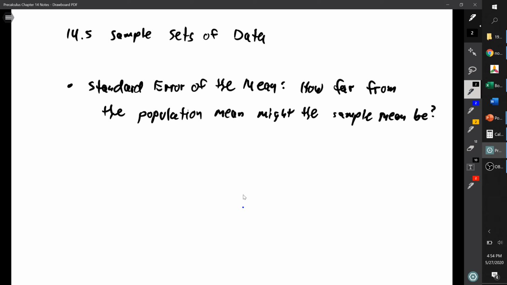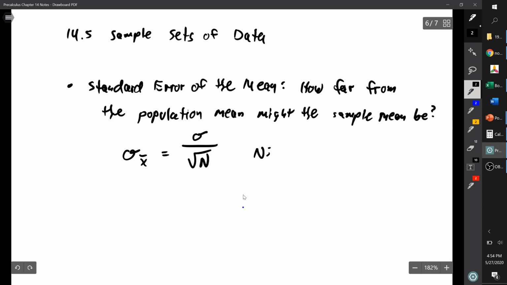And how good of an approximation, how much can we trust this average to be very close to the actual average? And here's the formula. It's called sigma sub x bar, and it's equal to sigma divided by the square root of n, where n is the number of data points.